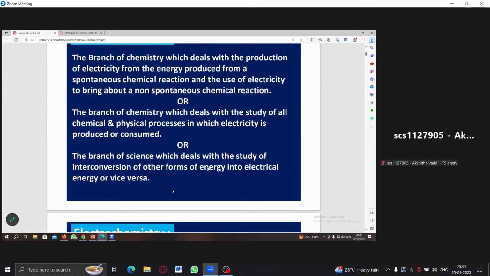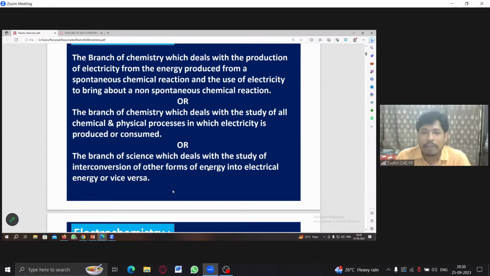It is very similar to our law of conservation of mass when it comes to chemistry. Right or not? In the law of conservation of mass also, what is the statement we are using? Matter can neither be created nor destroyed, but matter can be transformed from one form into another form. That is what we are telling here, the law of conservation of mass in chemistry.